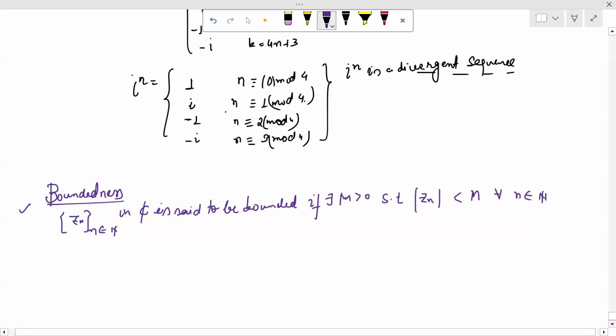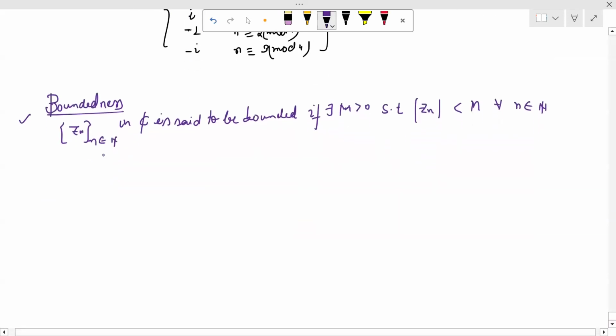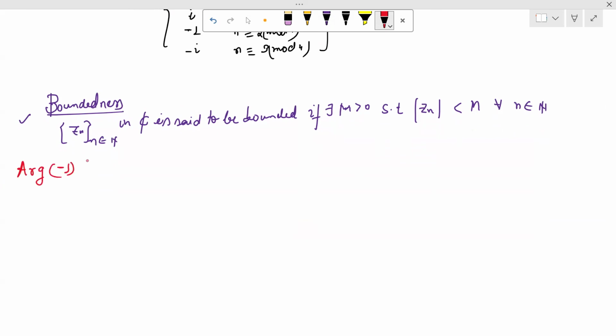Now just think about this sequence: the principal argument of minus 1 raised to power n divided by n. I'll write Zn here. Is it a convergent sequence or is it a divergent sequence?